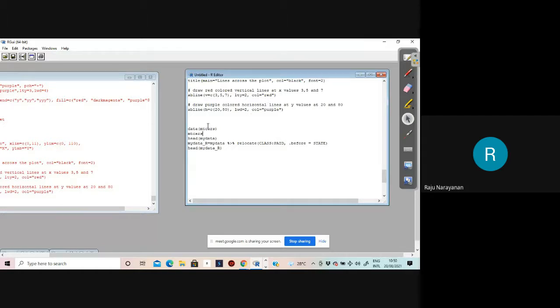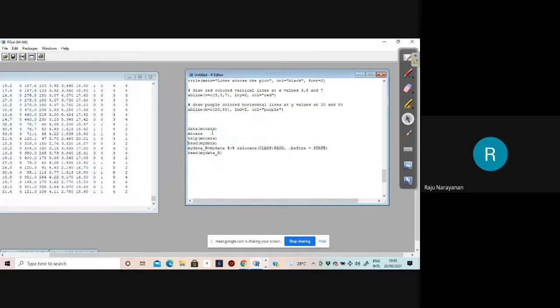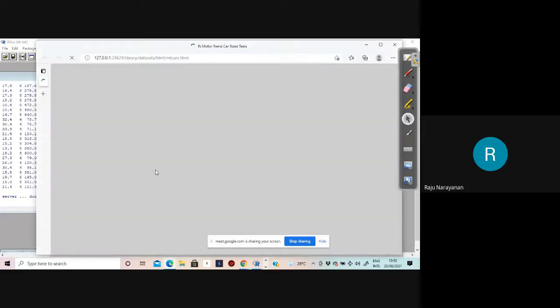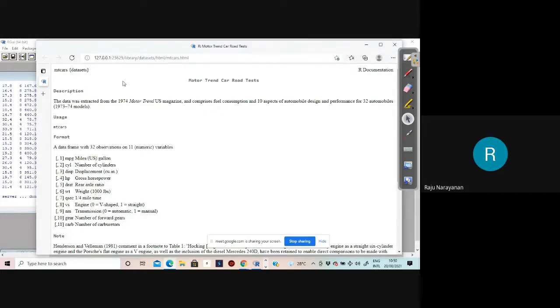What is mtcars? If you want to know mtcars, help mtcars. It is different types of cars and their characteristics. Actually, it's actual data. It is not dummy data. mtcars, data sets, Motor Trend Car Road Test.